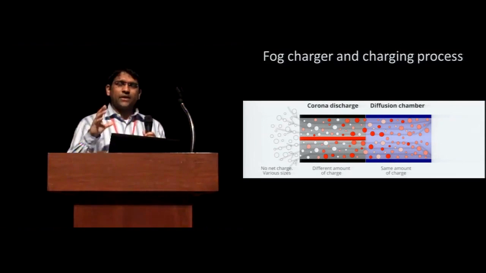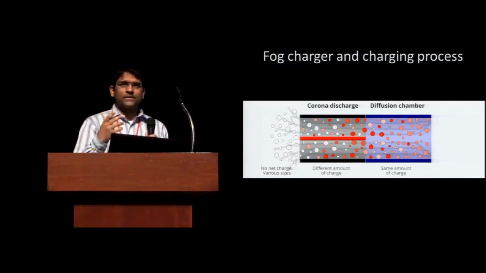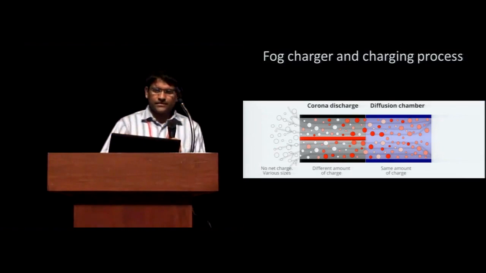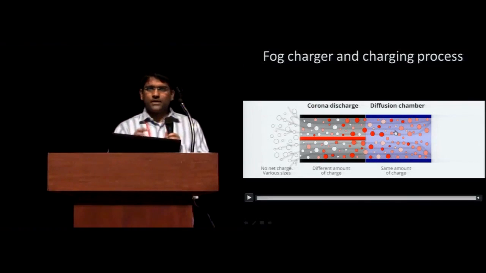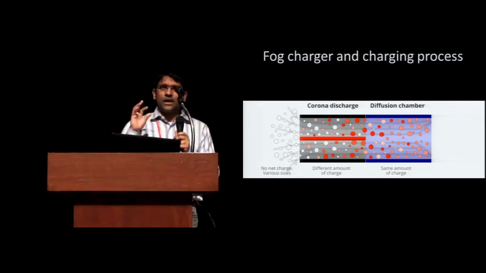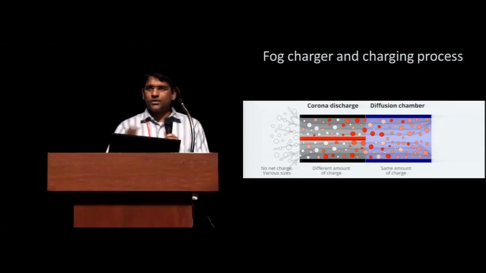So it ionizes the air inside the tube, and the ions diffuse into the droplets, giving them permanent charge. The trick is to have the right mix of ions in the air and charging time so that we get uniform charging.